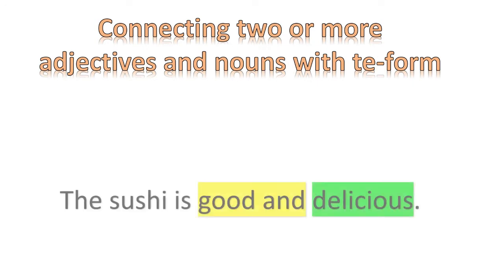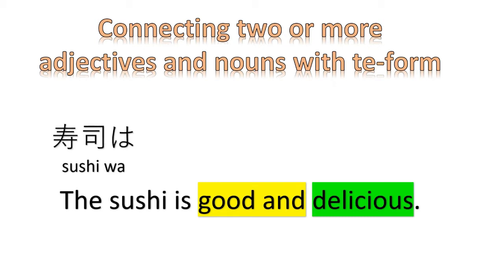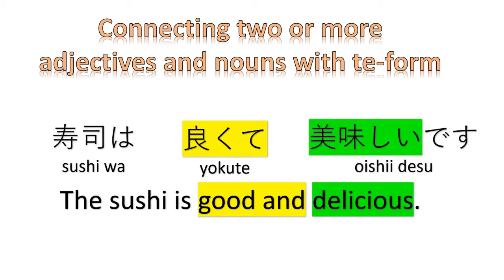Another example, the sushi is good and delicious. Sushi wa yokute oishii desu. Now, this is quite different. Yokute comes from the word ii.